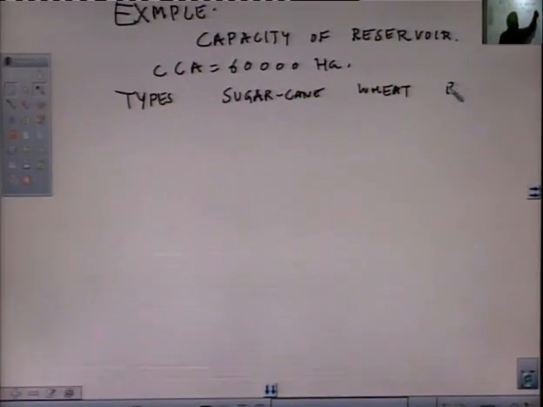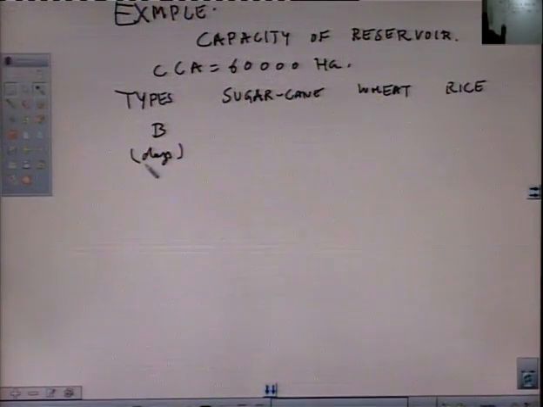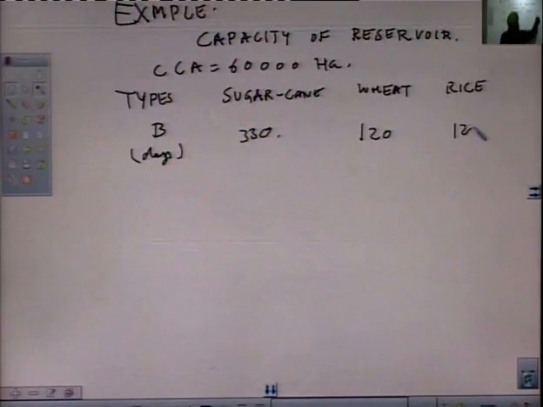First is the base period in days: 330 days. So sowing to maturity needs 330 days for sugarcane, 120 days for wheat, and 120 days for rice.